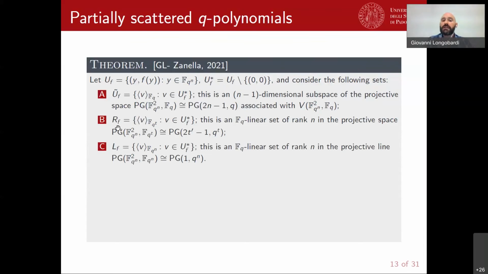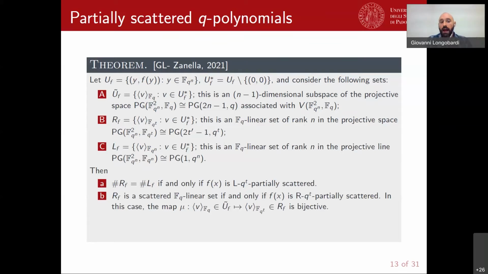R_f is an F_q-linear set of rank n in this projective space, so coordinatized over q^t. And L_f is a linear set of the line. And so in this case, we have that the size of R_f and L_f is exactly the same if and only if f(x) is L, q^t partially scattered.